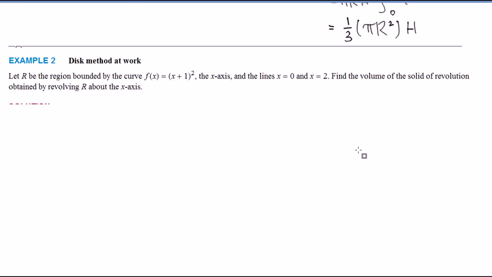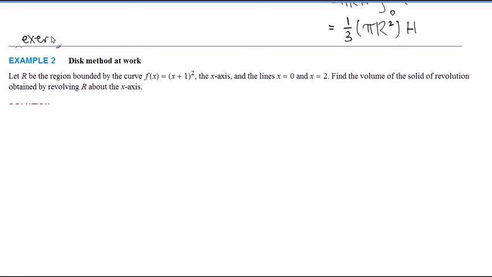All right, R is the region bounded by the curve f of x equals (x plus 1) squared, the x-axis, and the lines x equals 0 and x equals 2. Find the volume of the solid of revolution obtained by rotating this region about the x-axis. So that's going to be our exercise number 2.